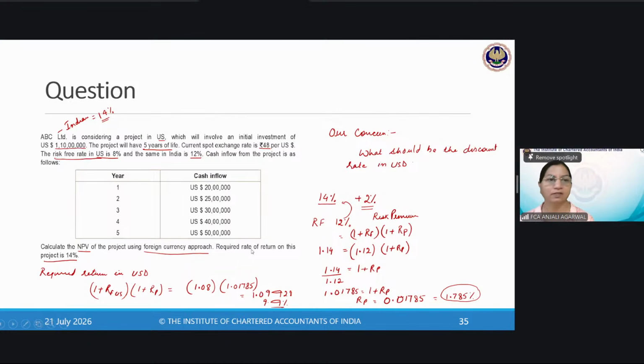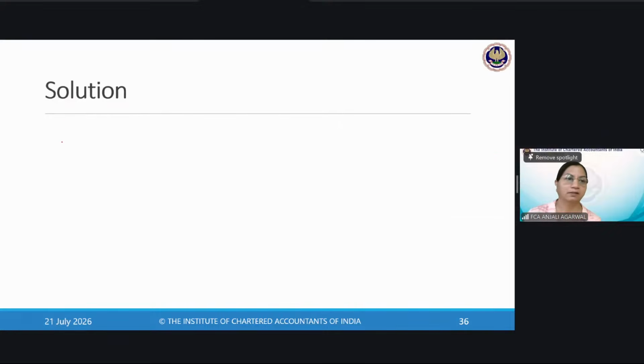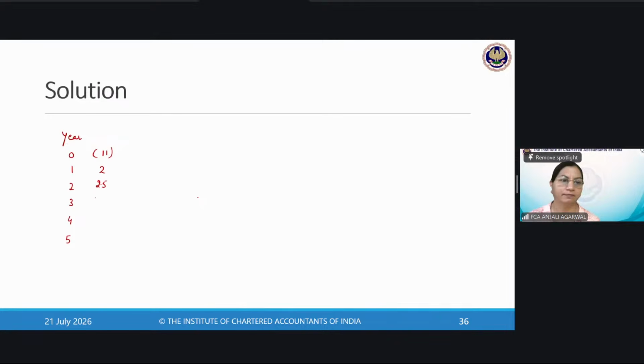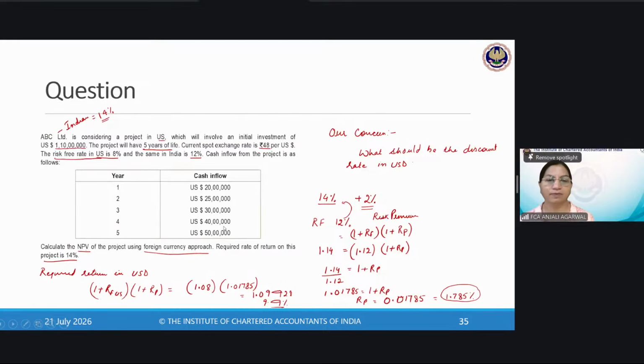So initial outflow is 11 million. Then you're getting 2 million, 2.5 million positive, 3 million, 4 million, and 5 million. How convenient. In the third, fourth, fifth year, 3 million, 4 million, and 5 million.